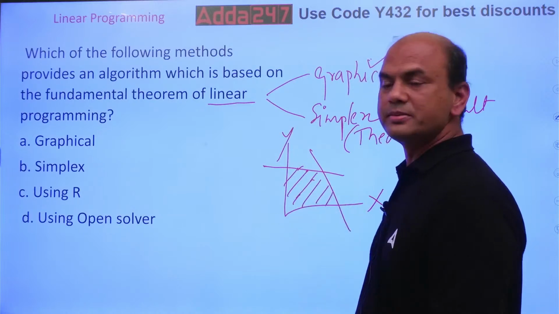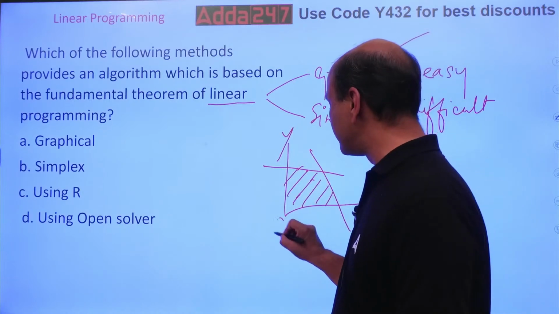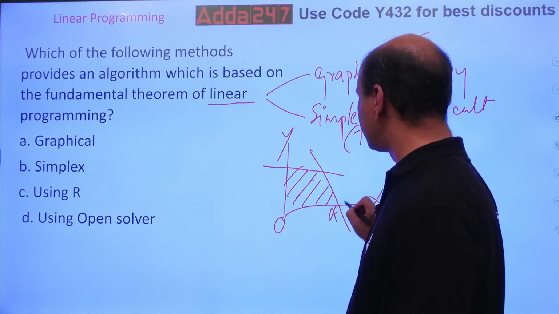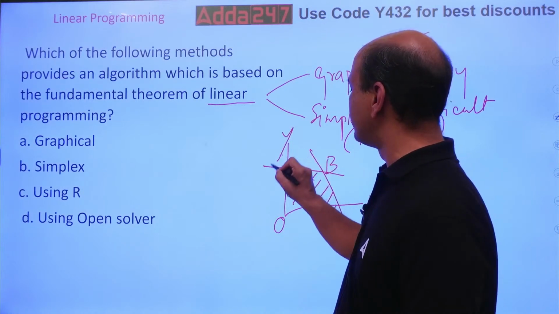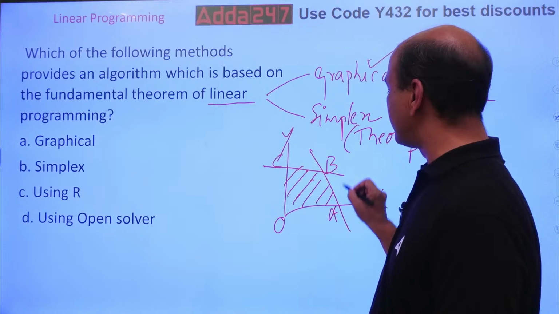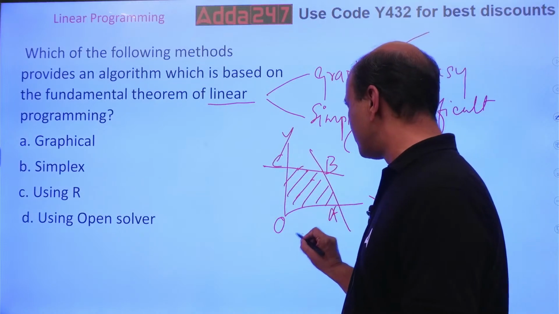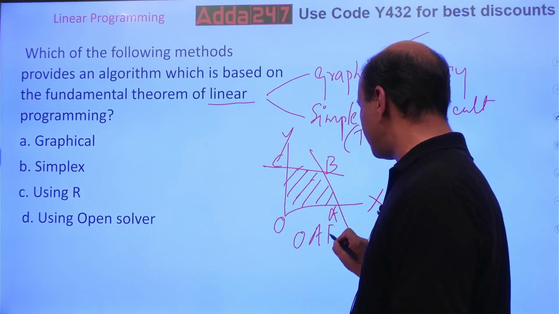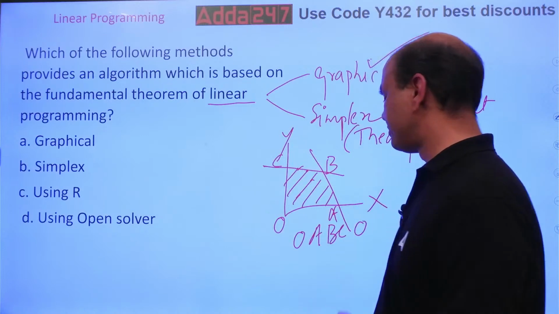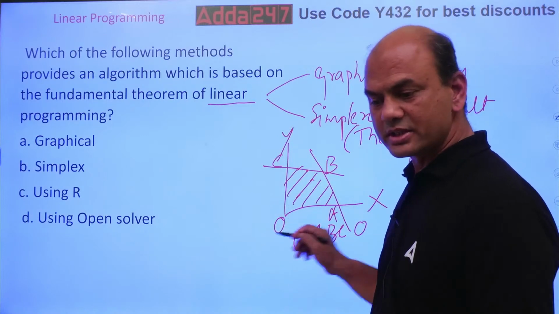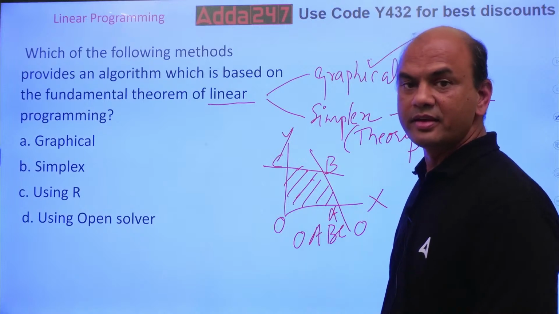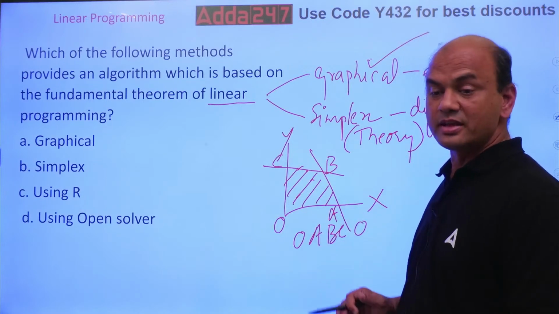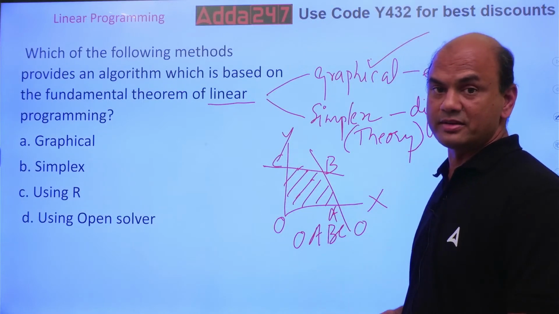We plot this feasible region. Then we plot these feasible points: origin, A point, B point, C point. So O, A, B, C, and again O. Starting from the origin, coming back to origin. This is known as a feasible region in the graphical method.